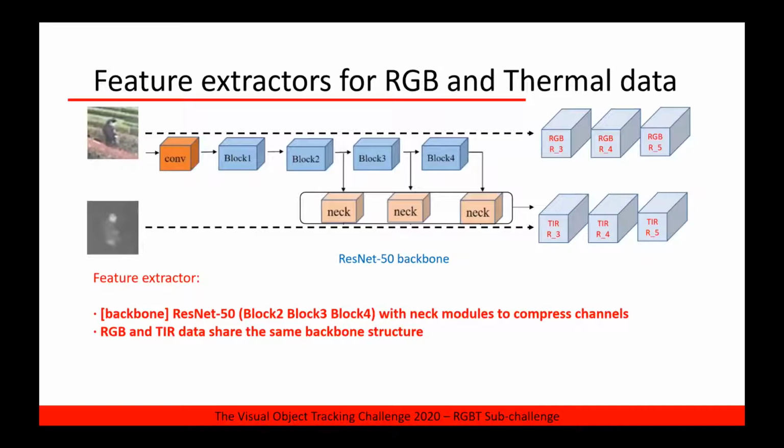For the encoding stage, we employ ResNet50 as our backbone, which is trained on ImageNet and fine-tuned with RGB tracking sequences on the Siamese structure. Both the RGB and the thermal channels perform a forward pass through the network to obtain multi-layer feature maps, layer 3 to layer 5.